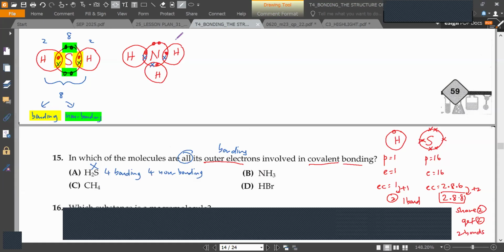So now hydrogen is 2, 2, 2, and nitrogen is 8. But if we actually count the total electrons, it's still 8 electrons, 1, 2, 3, 4, 5, 6, 7, 8.